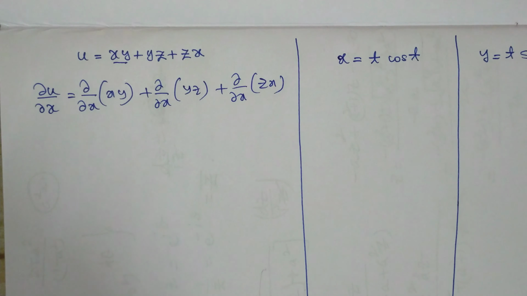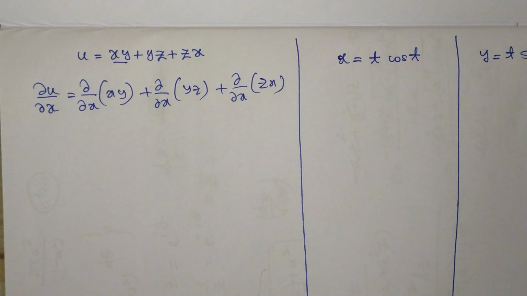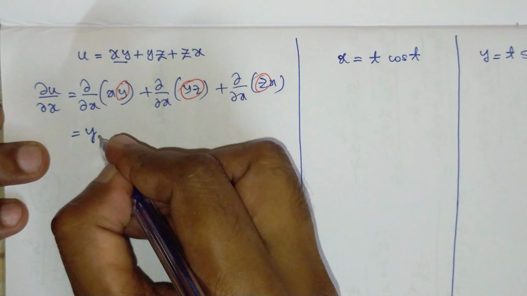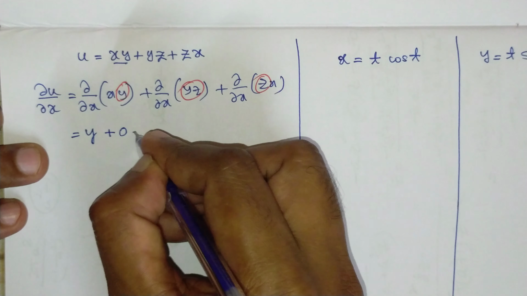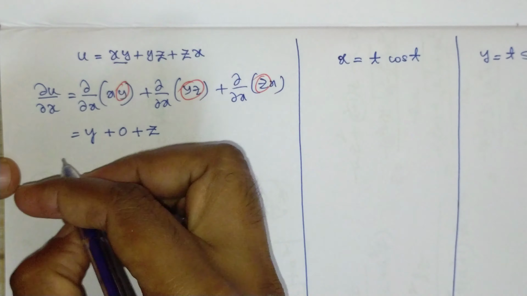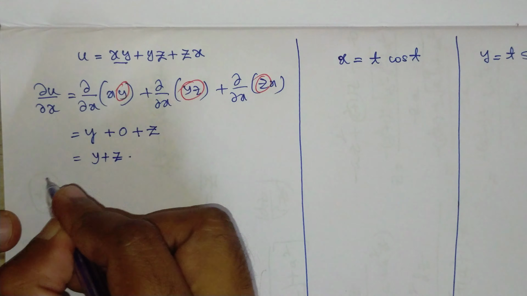Now we have to mark the constant terms here. Since we are differentiating with respect to x, y and z are constant here. So we can take the constant term outside and differentiate the remaining. So differentiation of x with respect to x is 1, plus the differentiation of constant term is 0, plus z. I can take z outside. The differentiation of x with respect to x is 1. So it is y plus z.